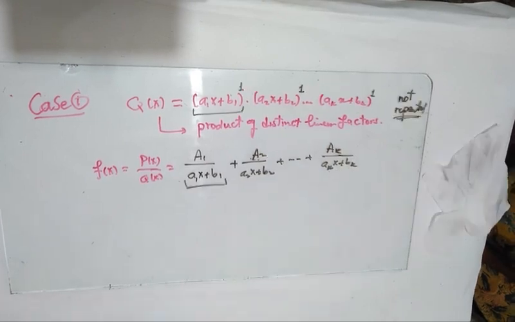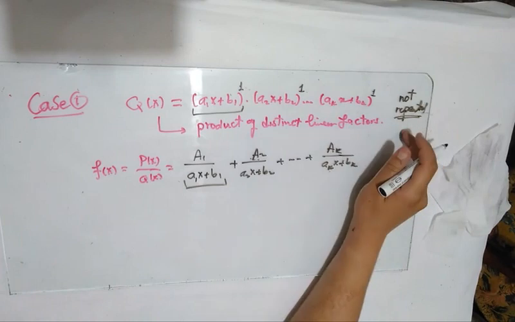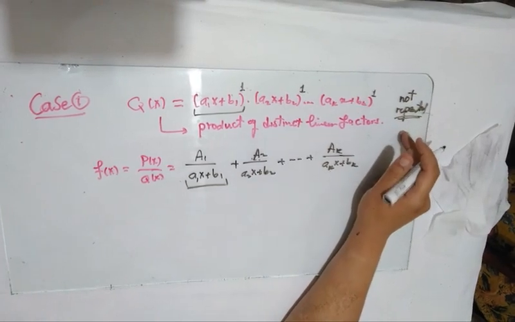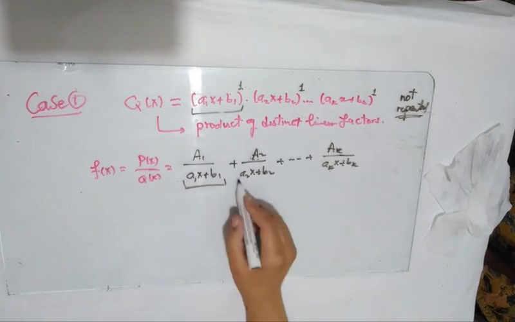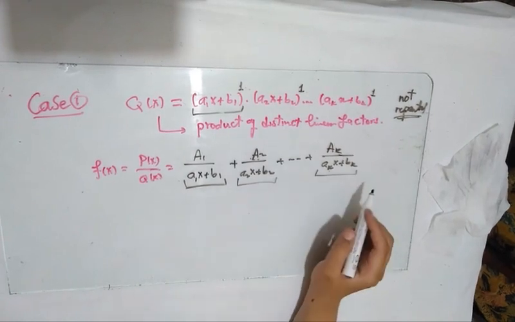When none of them are repeated, each one of them gets one partial fraction. Each one of those we call a partial fraction.